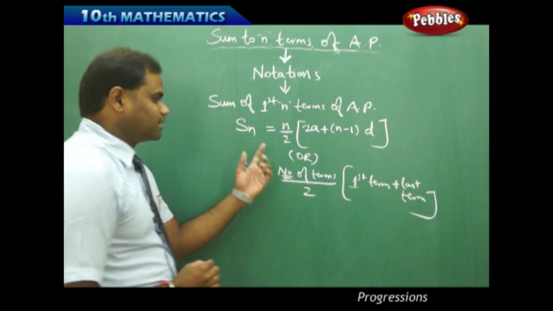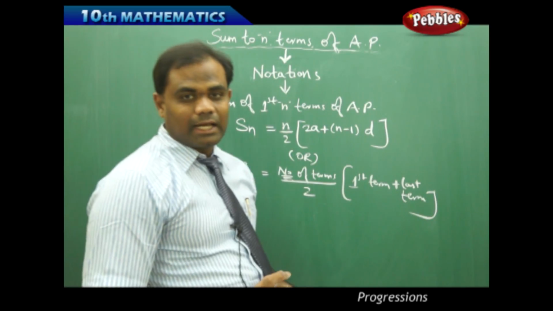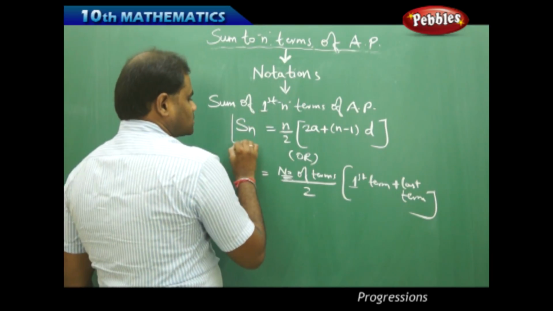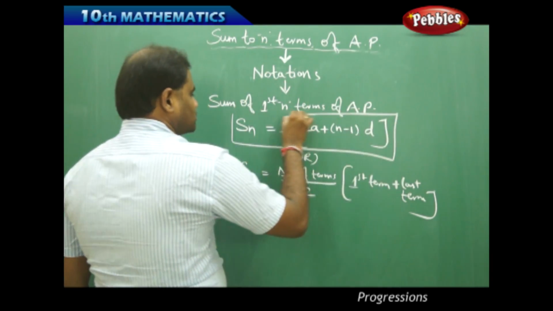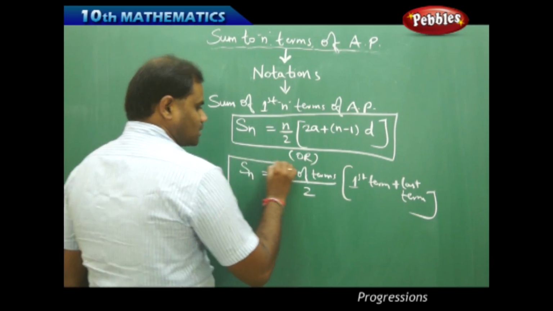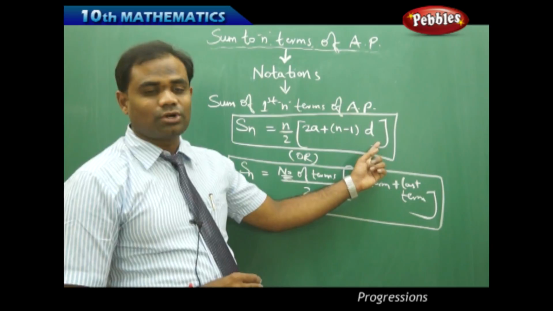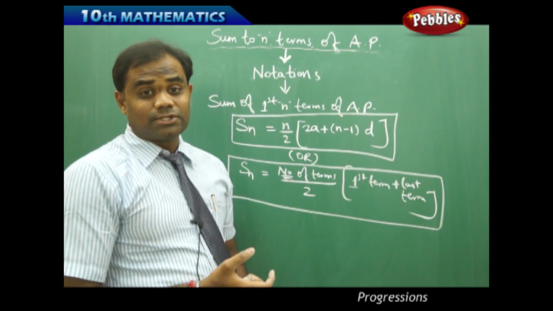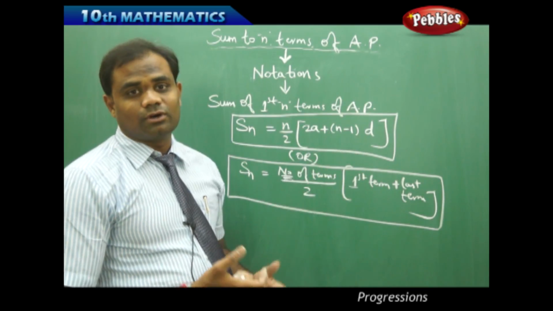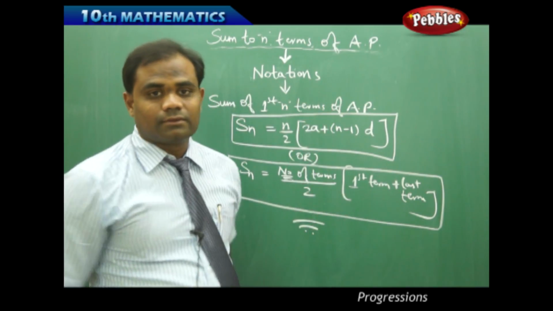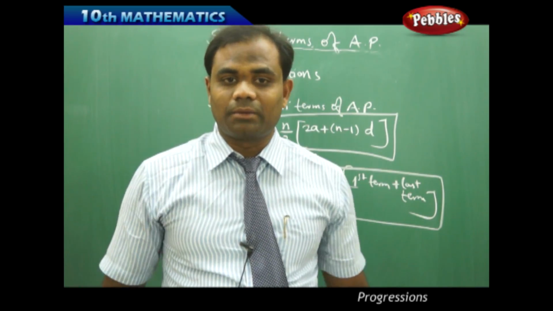So we can use either of them: if the last term is given, I use this formula, or if d is given, I use this formula, where each of the notations is known. We know that a is the first term, d is the common difference, n is the position or the number of terms of the given arithmetic progression. This is how we derive the sum to n terms of AP.